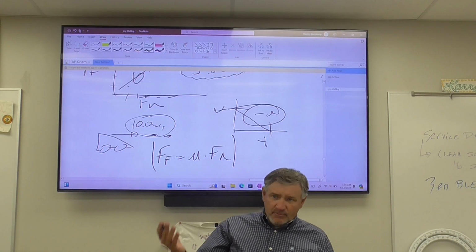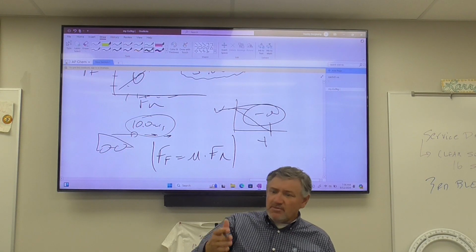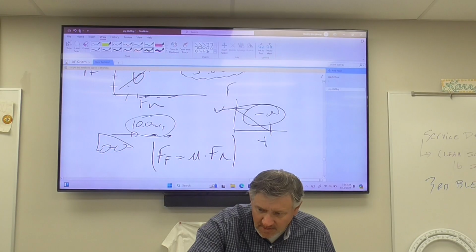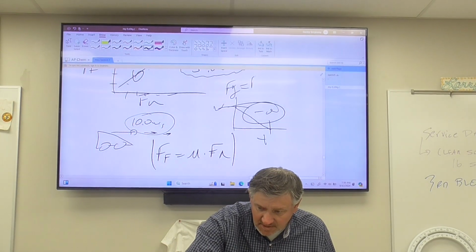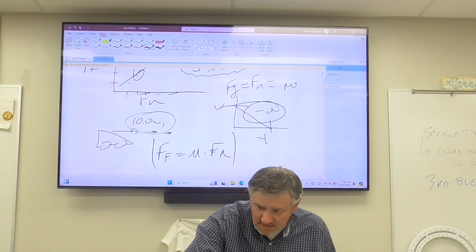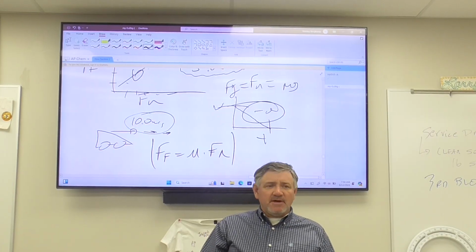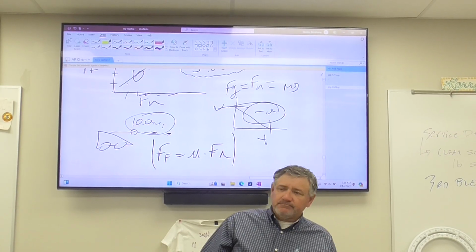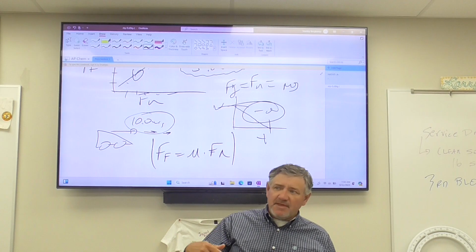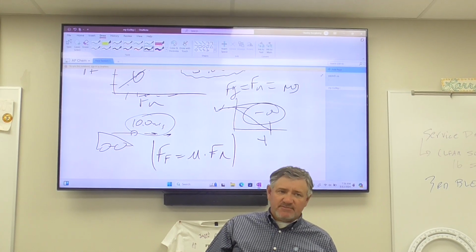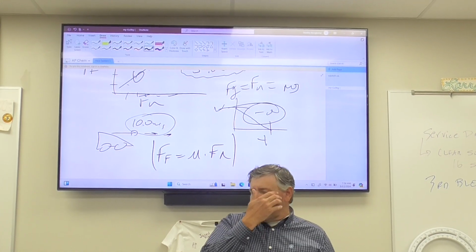Gravity. Yeah, the pull of gravity. You know the mass. You know Fg, which equals force normal, is mg. You got the mass, multiply that by g, boom, there's your normal force. Multiply that by the coefficient of friction. There's your force friction.